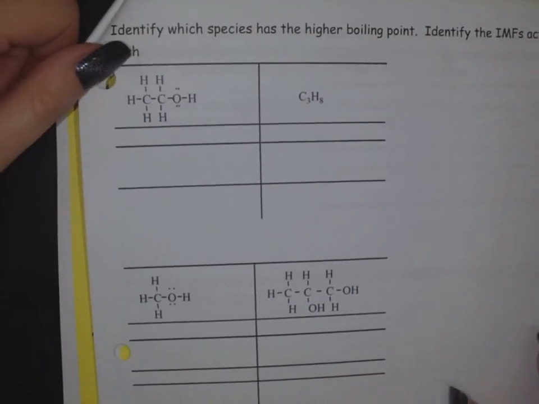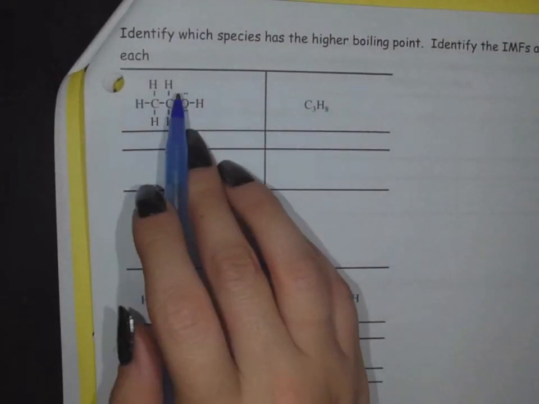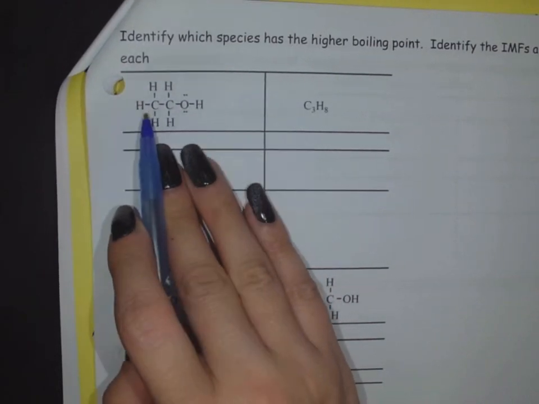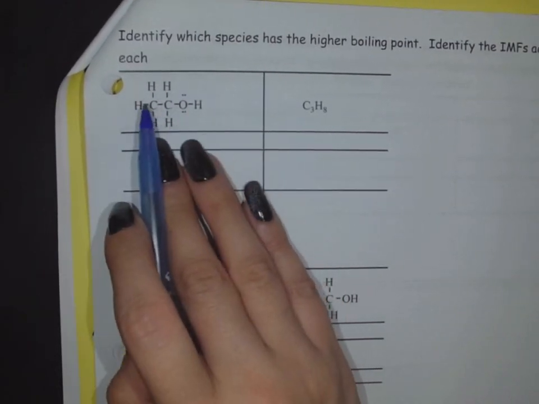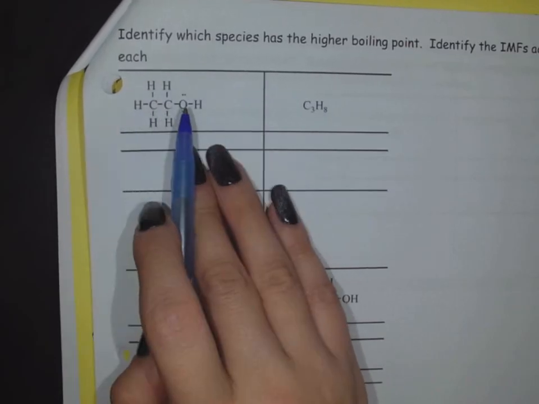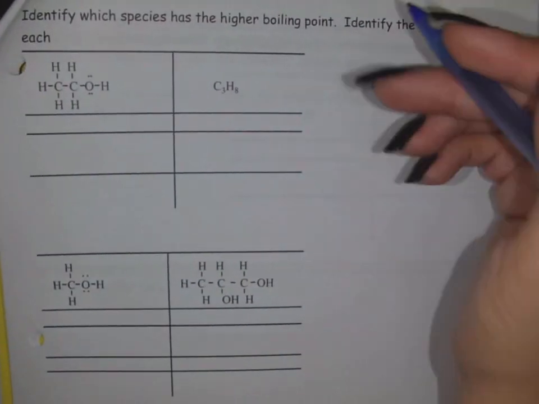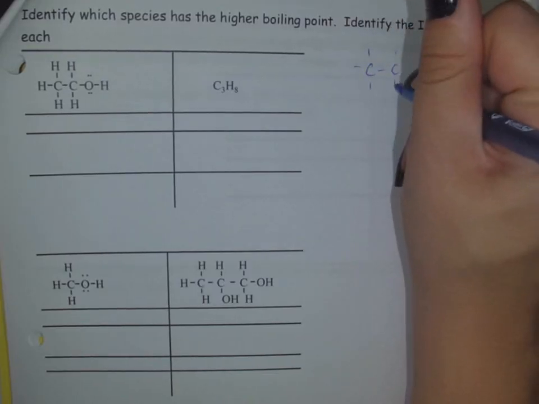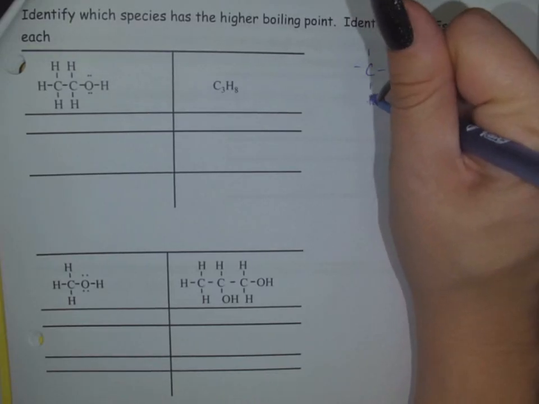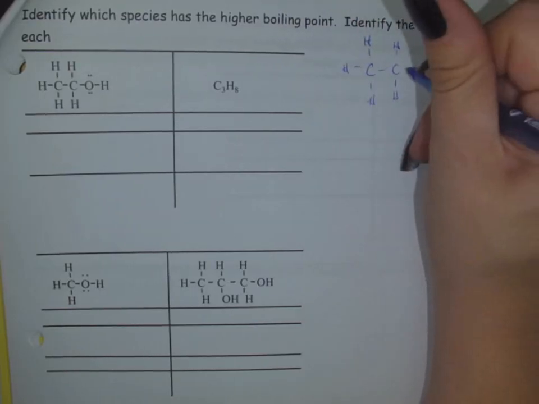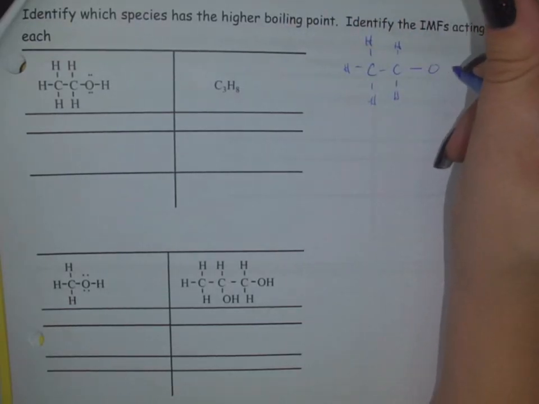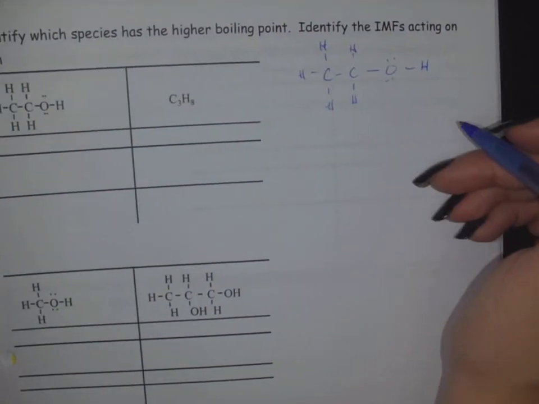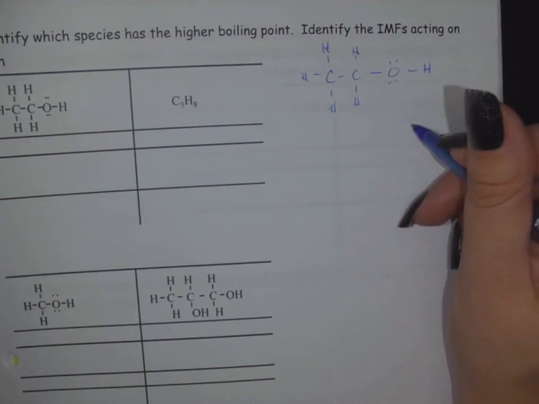Okay, so pretend we have a sample of this molecule. That means that this molecule is in a container with a bunch of other molecules that are exactly the same as it. Okay, so what if I have another one of these?